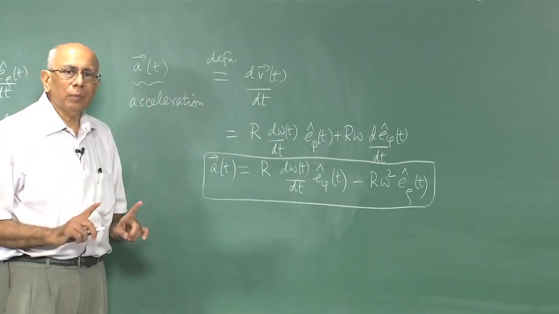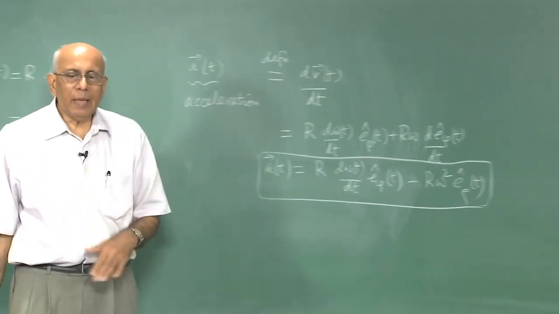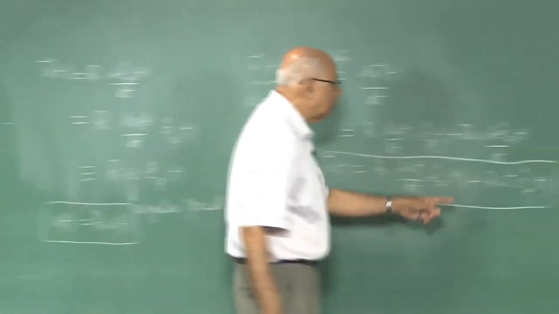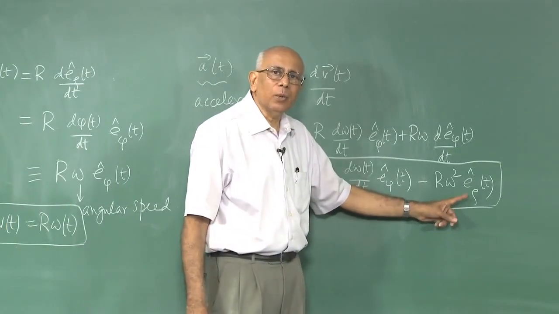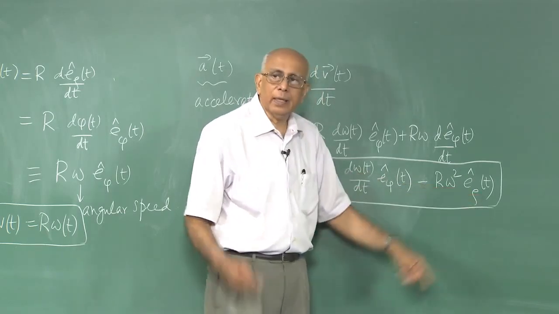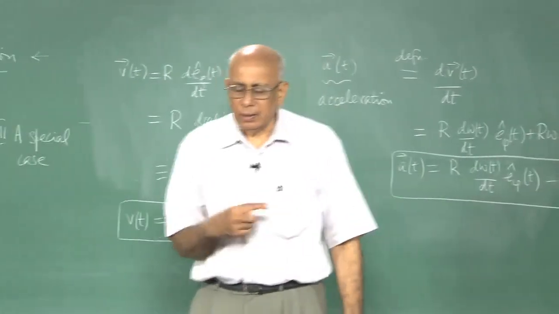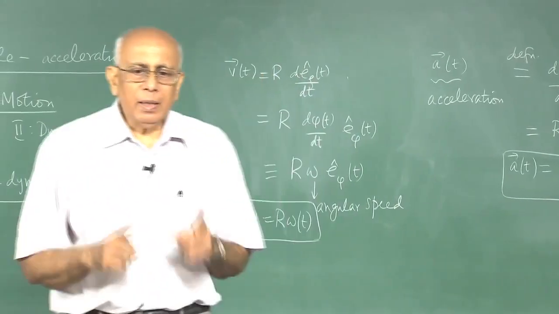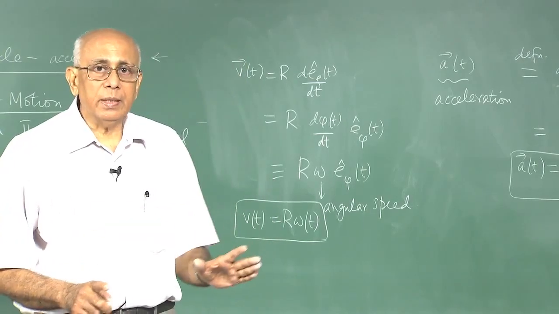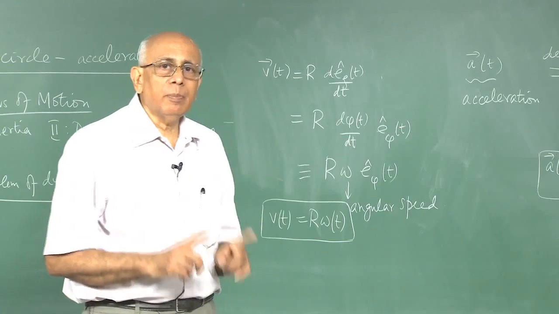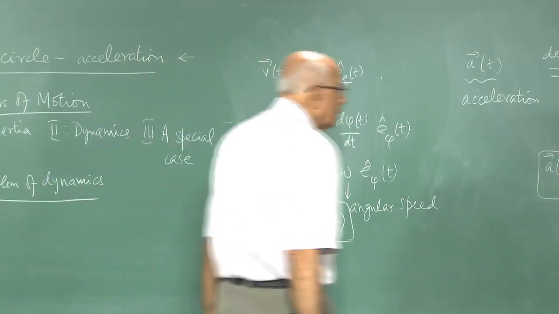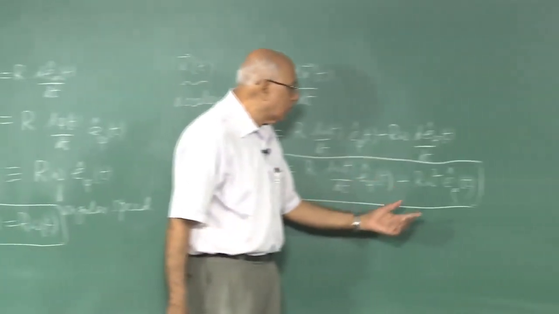But, and here is the crucial point, in order to even maintain this particle on a circle, you have to have a centripetal acceleration directed towards the origin. This has a minus sign, these are positive quantities, so this is directed towards the center of the circle. In other words, if a particle moves in a circular path, uniformly or otherwise, there has to be a centripetal force which pushes it towards the center of the circle constantly, incessantly, otherwise it will not move in a circle.